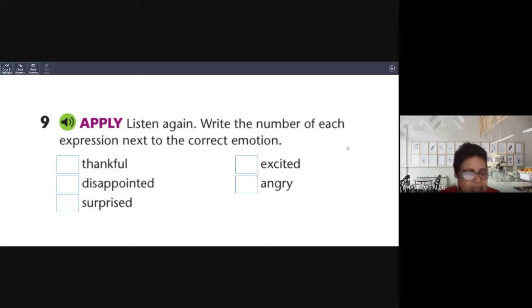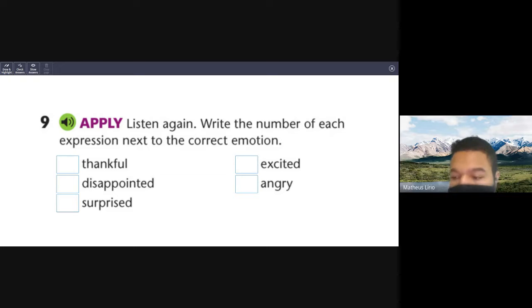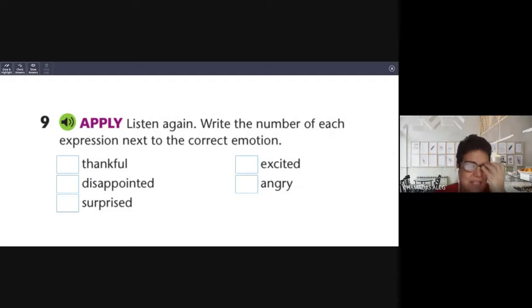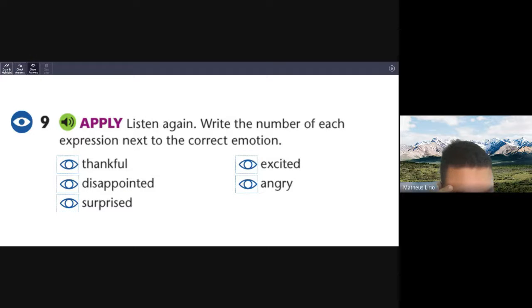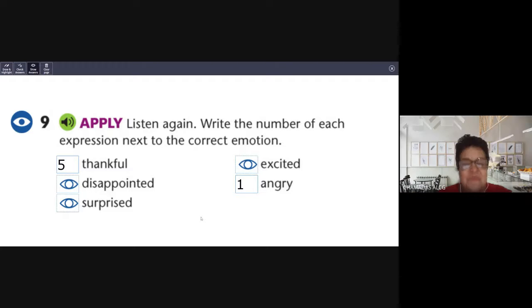Okay, guys, could you identify the emotions for each one? Yes, it was easy. All right, so let's see. The first one, what do you have? Thankful? Oh, no. Angry. Yes. The next one, thankful, number 5.